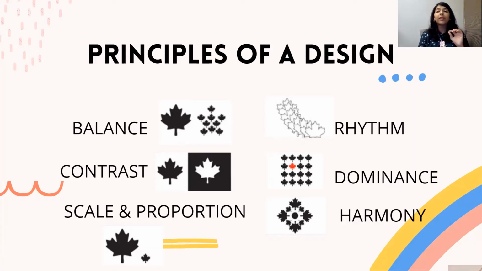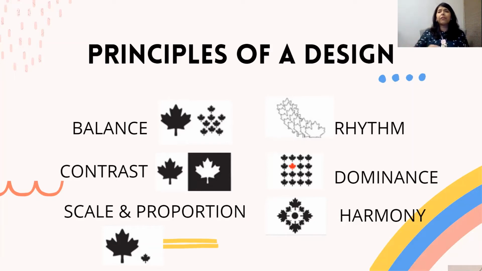And proportion is the quantity of materials used in a design, again, with one another or to the design. For example, if the size of a material is too large or too small, we say that particular material is out of scale.